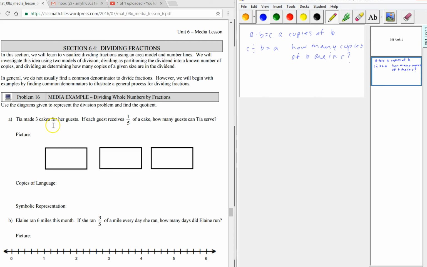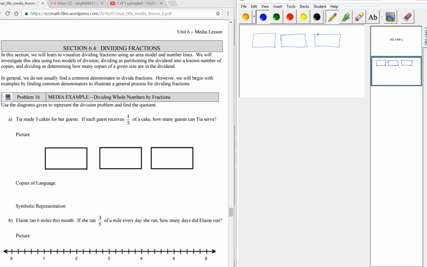So Tia made 3 cakes for a guest. If each guest receives 1/5 of a cake, how many guests can Tia serve? Again, rather than them just saying, hey, I multiply stuff, I divide stuff, it's a division section, so I'll divide something, and they'll divide it in the wrong order, get them to think of what this means.